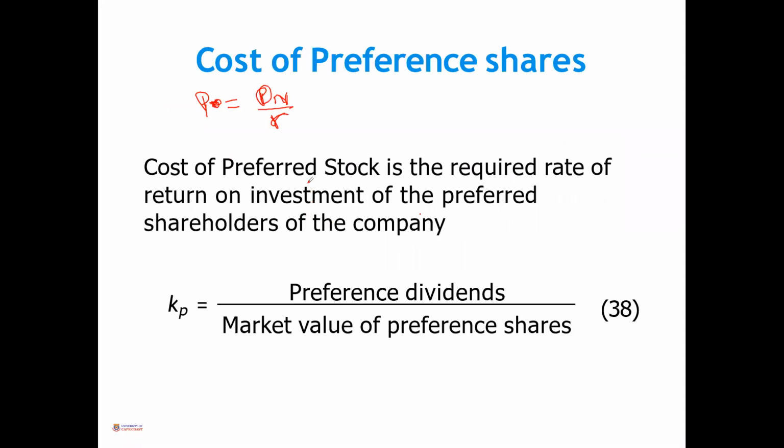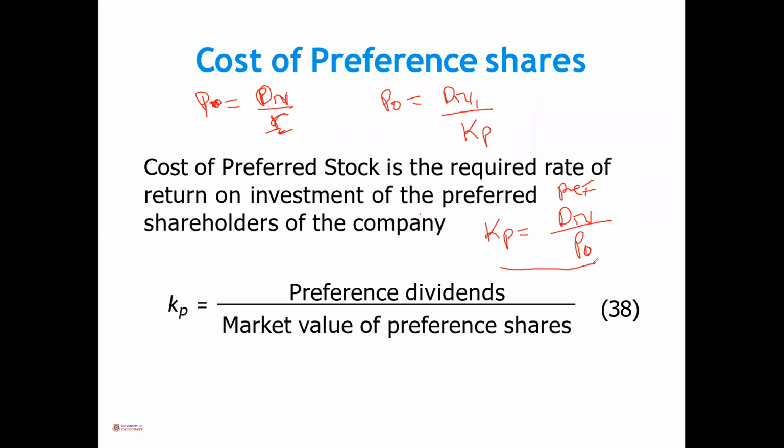So I can write this as price is equal to the dividend of the preference share over the cost of preference share, because the R here is the cost of preference share. So in changing the subject, the cost of preference shares becomes the preference dividend divided by the price of the share.